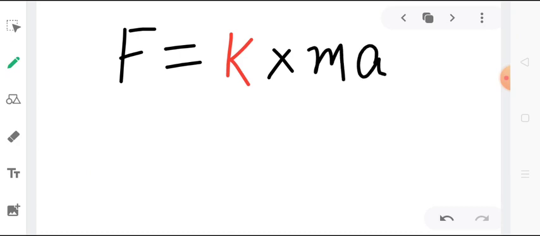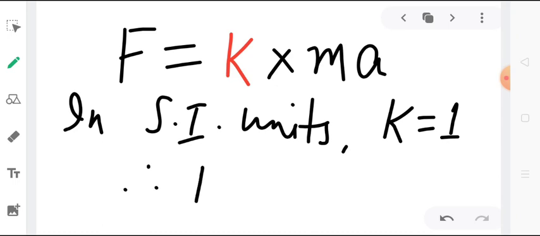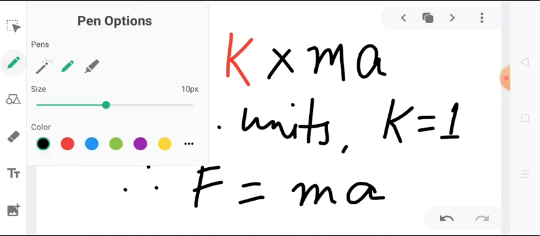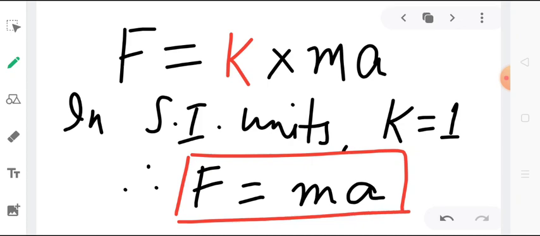This k is a constant quantity. In SI units, this k is equal to 1. Therefore, we get F equal to m into a, and that is the formula for force. So using Newton's second law of motion, we can derive an expression for force, and that turns out to be a product of mass and acceleration.